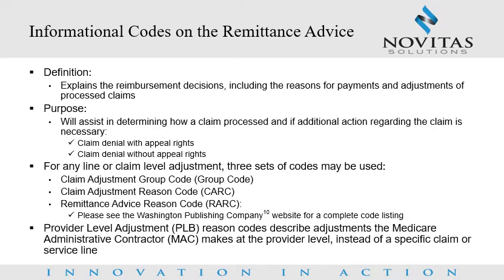The Provider Level Adjustment Reason Codes describe adjustments the Medicare Administrative Contractor, or MAC, makes at the provider level instead of a specific claim or service line. We will individually highlight each of these informational code sets over the next several slides, but please visit the Washington Publishing Company website for a complete listing of codes and definitions.